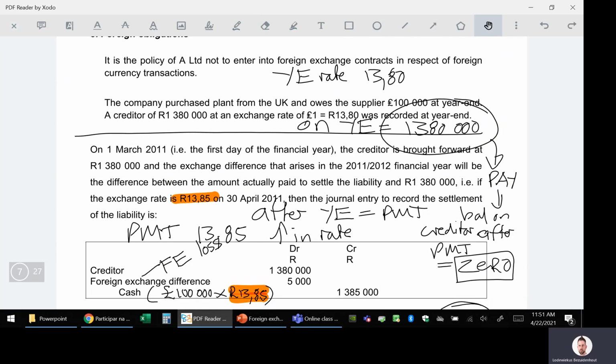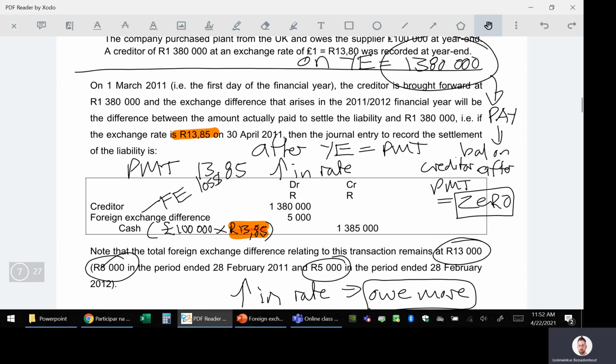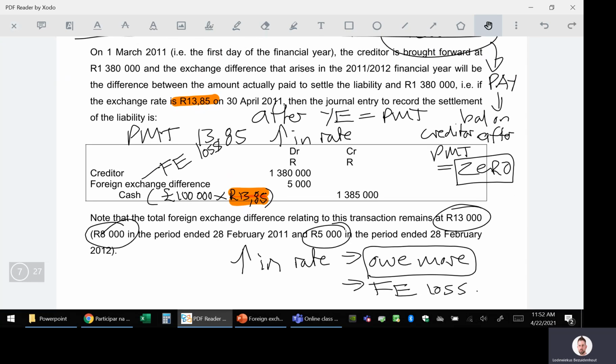There is another method to first restate the creditor on the payment date and then do the bank transaction, but that is just a duplication of all the information. So the easiest to do is to say, what was my creditor on year end or the previous balance that we had? And if it now needs to be zero, we make it zero by taking out that amount. So we debit the creditor. We credit the bank with the bank amount, and the difference between the two will be either a foreign exchange profit or loss.